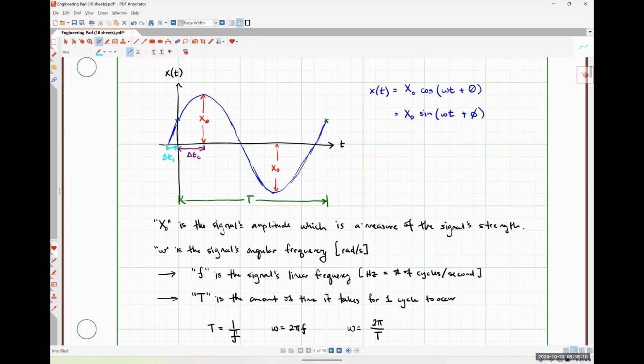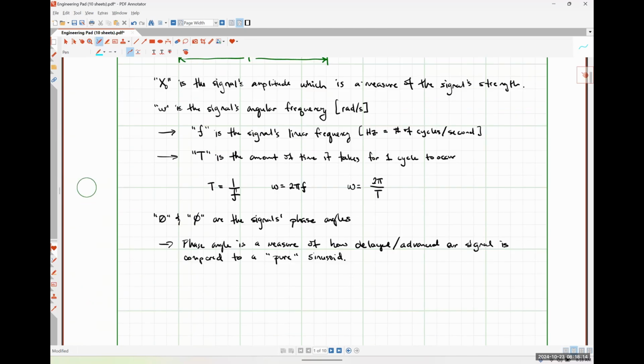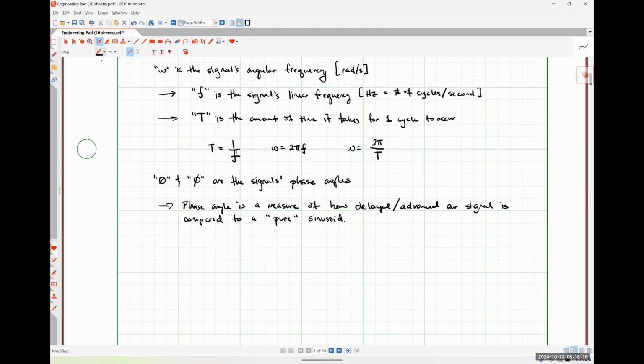I'm sorry if that's confusing, but effectively all of that boils down to positive phase angles represent an advanced signal.